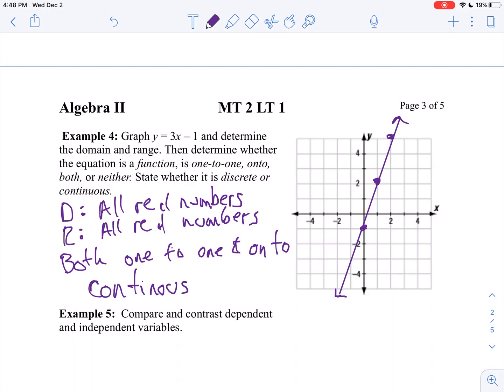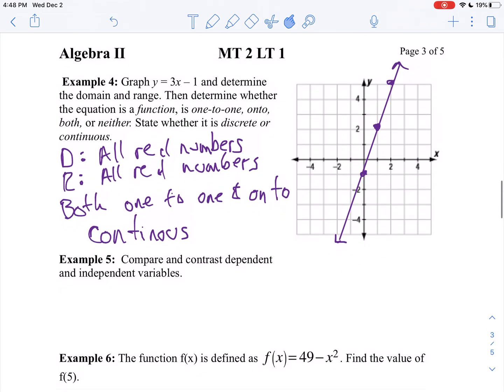Now let's talk about independent and dependent variables. Well, the independent variable is the one we change. It's the one we control.